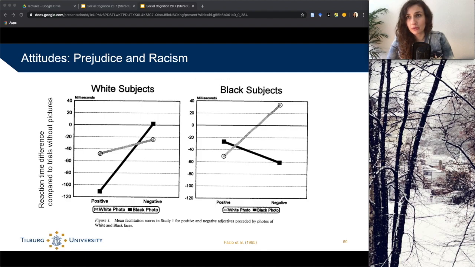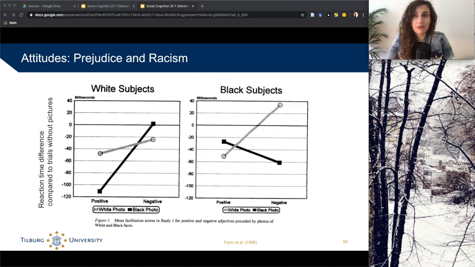So the difference between prime trials versus trials that are just neutral, where only the positive versus negative words were supposed to be evaluated. So if we take a look at this data, for white people, what we see is that it took them longer compared to baseline to make positive evaluations when they were preceded by a black face compared to a white face. And it takes longer compared to baseline to make negative evaluations when preceded by a white face compared to a black face.